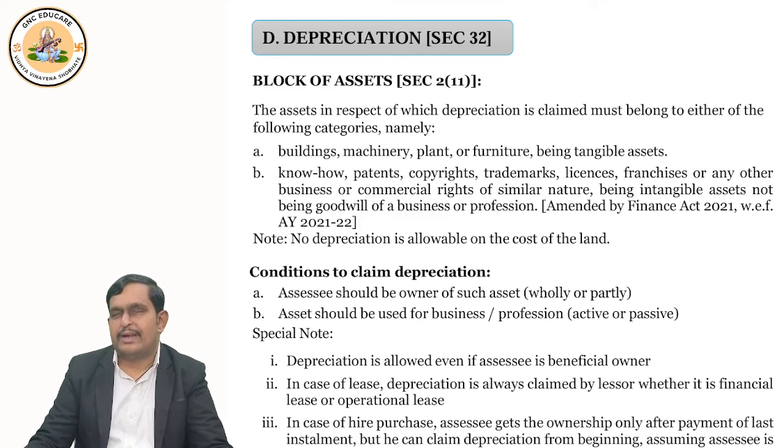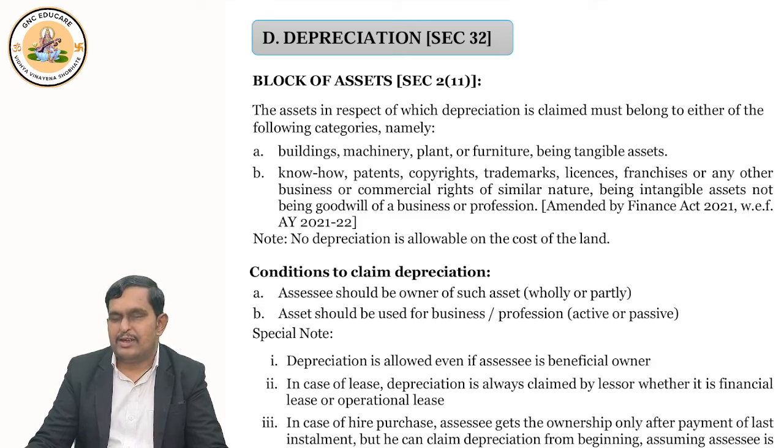Like route permits are there. These are business and commercial rights only, but these are intangible. Are you able to understand? Okay. So this way you should be able to understand the difference. So a block may be of tangible assets, may be of intangible assets.